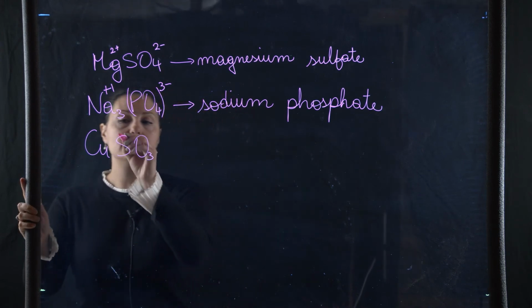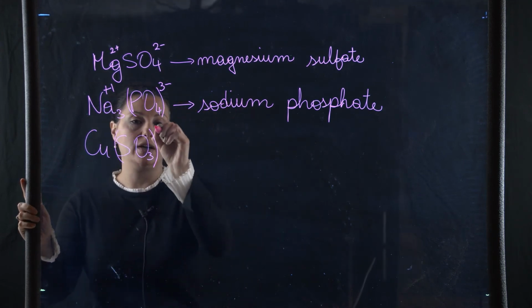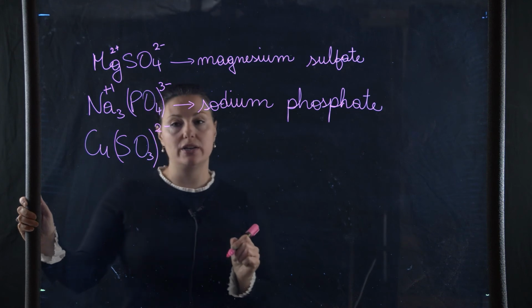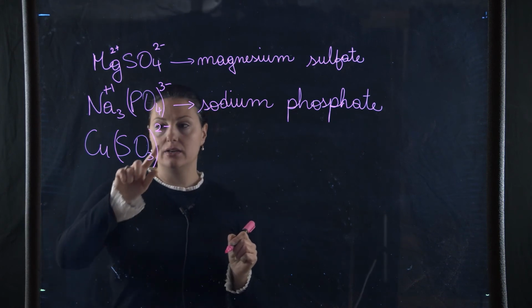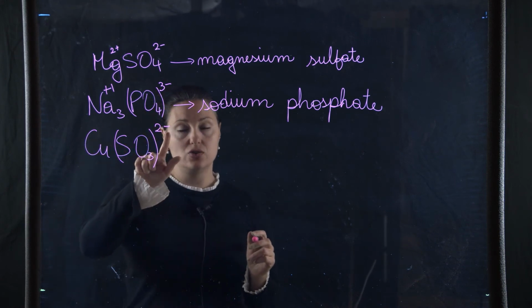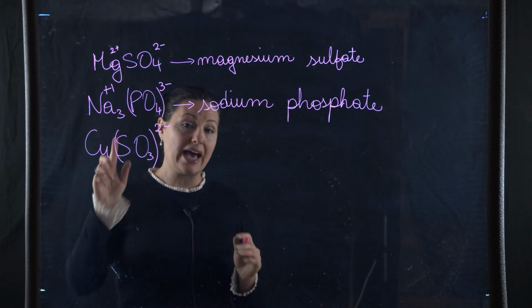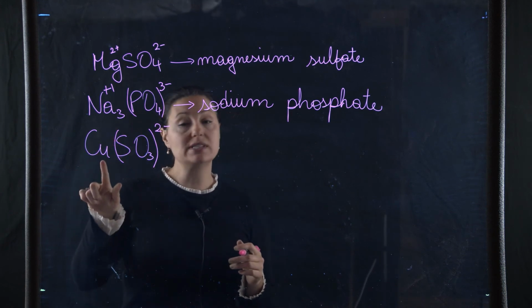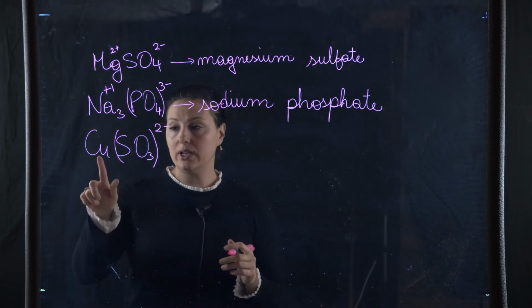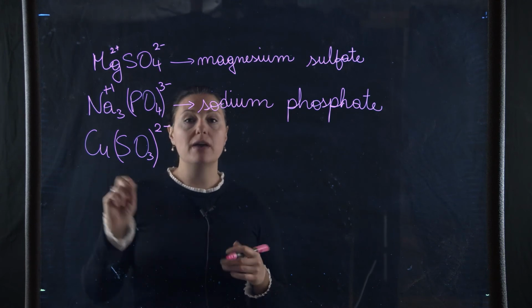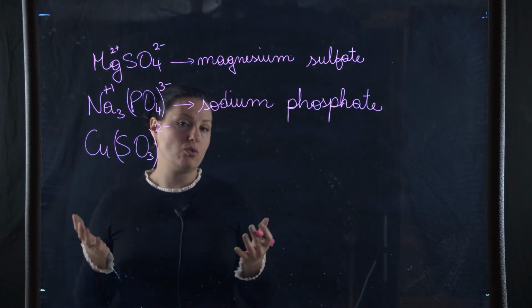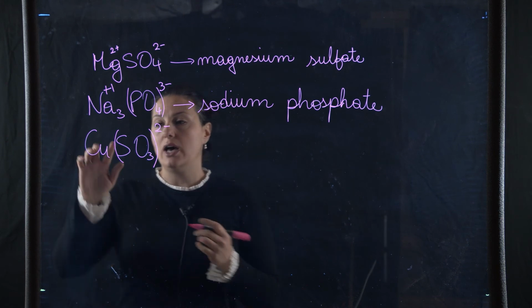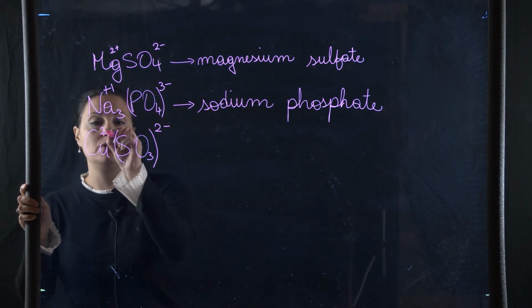SO3 always forms a 2- ion. So I have a 2- ion here. So to balance the 2- charge, I'll have to have a 2+ positive charge. And because I only have one ion of copper, that means it's the one that has the charge. So I have 2+ on the copper.